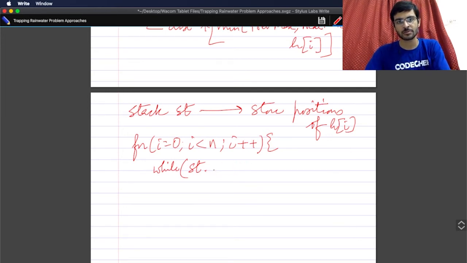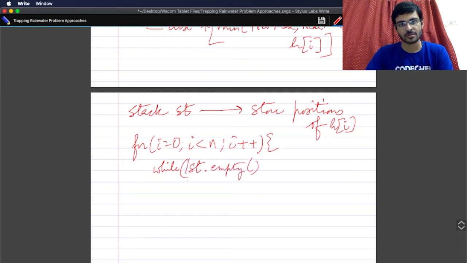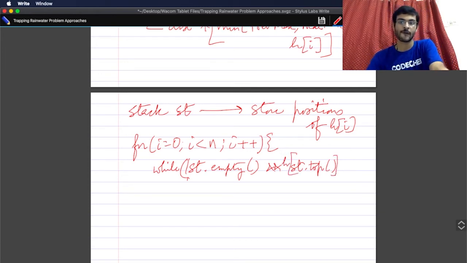I think it will be better to say while it is not empty and st.top, or peek, it depends on the language, we can say that h of st.top is less than h of i, whichever is the current element.